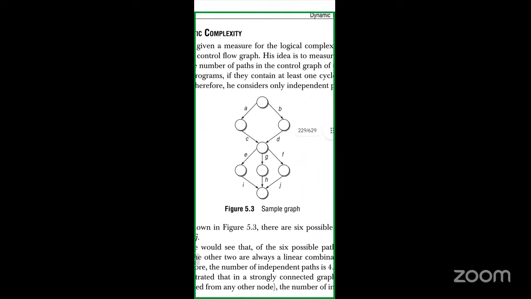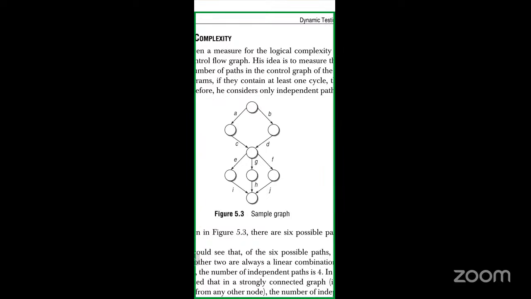So here you can see the sample graph is there. So we are having 4 plus 4, 8 nodes. If we want to reach from the topmost node to the bottom node, we could reach from the first node, A, to B, then the path B, D, F, J we can reach.